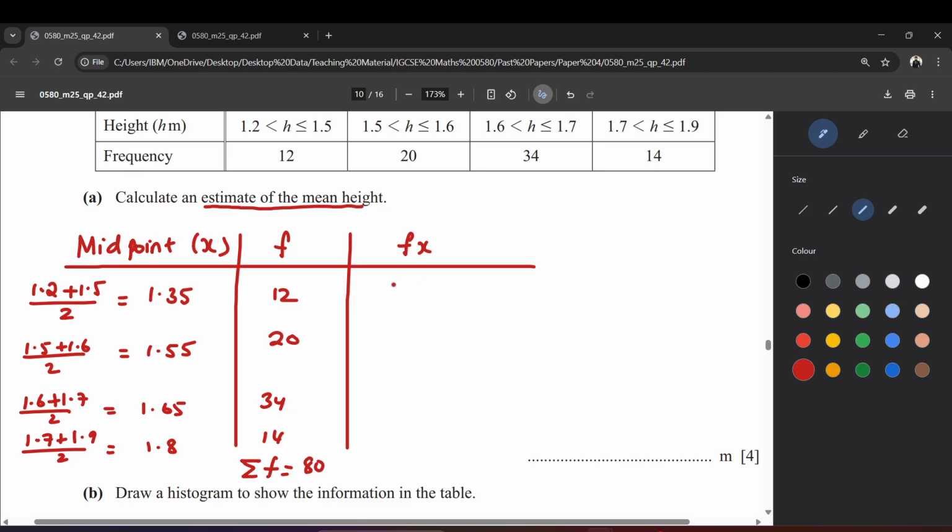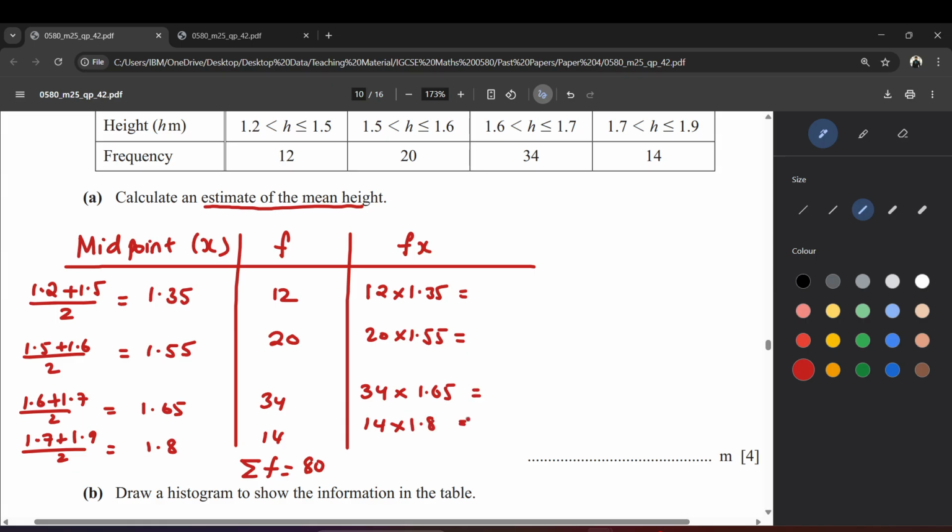Now if I were to work out f of x, that should be 12 times 1.35, 20 times 1.55, 34 times 1.65, and 14 times 1.8.